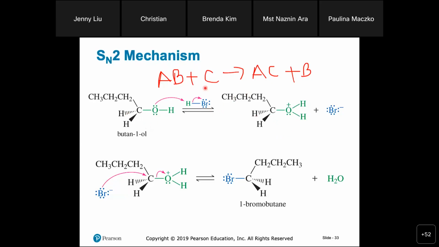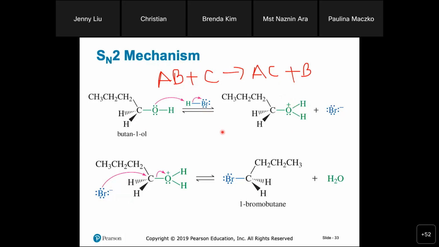When the nucleophile attacks, obviously the old bond in the HBr will break and bromide will take it, and that's why you could see the oxygen positive, because it is looking for electrons.